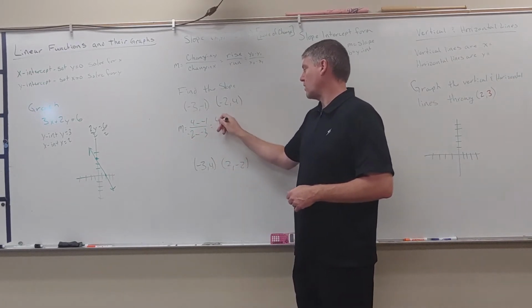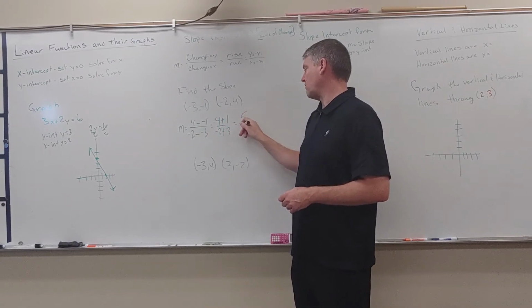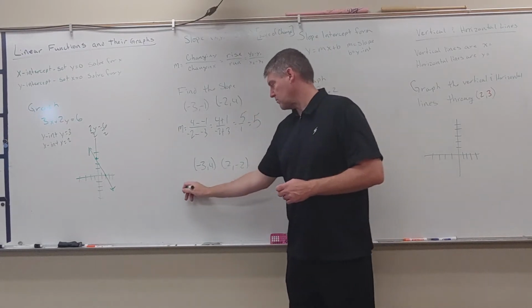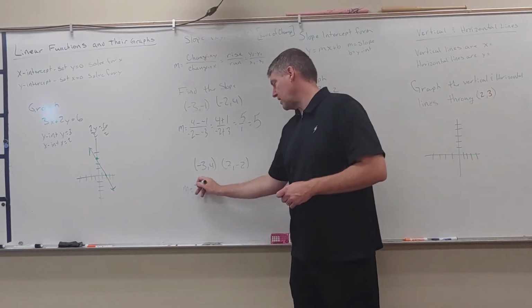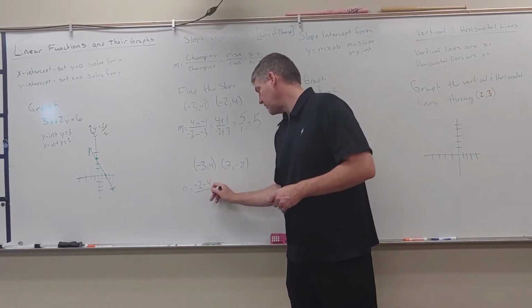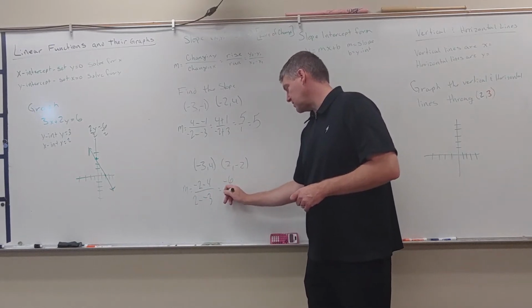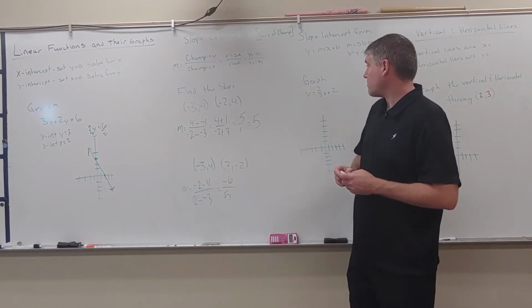That becomes 4 plus 1, negative 2 plus 3. That gives me 5 over 1, or a slope of 5. Now my next one, I have m equals, and it doesn't matter, so I'm going to go negative 2 minus 4 over 2 minus negative 3, so that gives me negative 6 over 5, so I have negative 6/5.